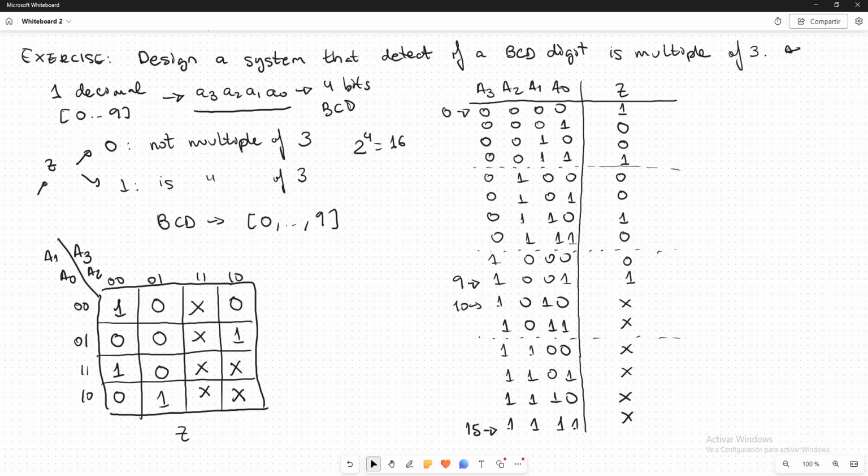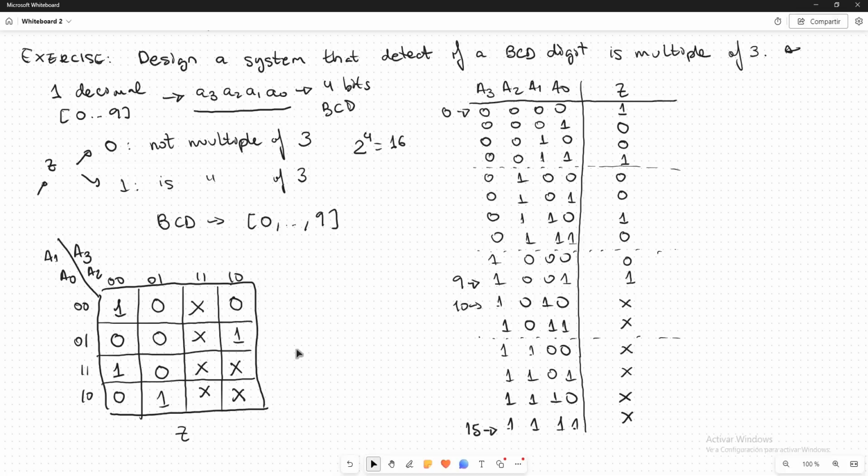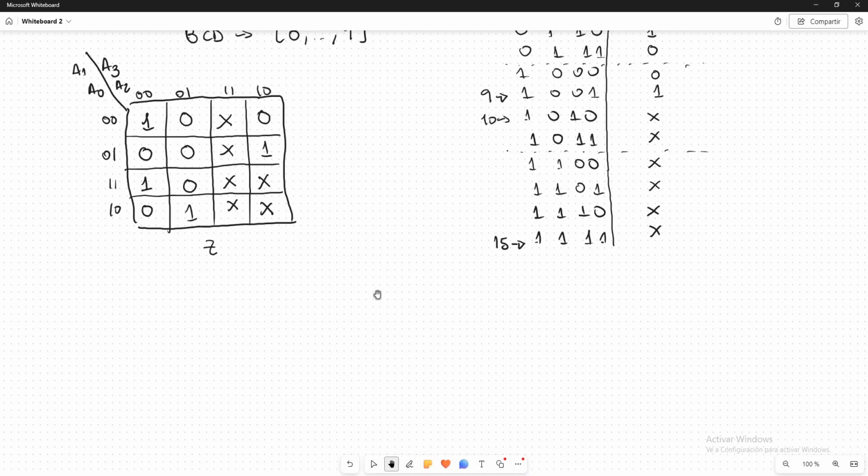So now we apply the algorithm of the minimization of a Karnaugh map. As you know, first step, find the prime implicants.